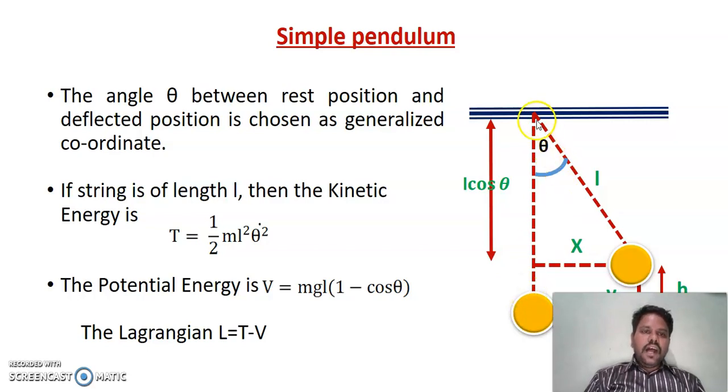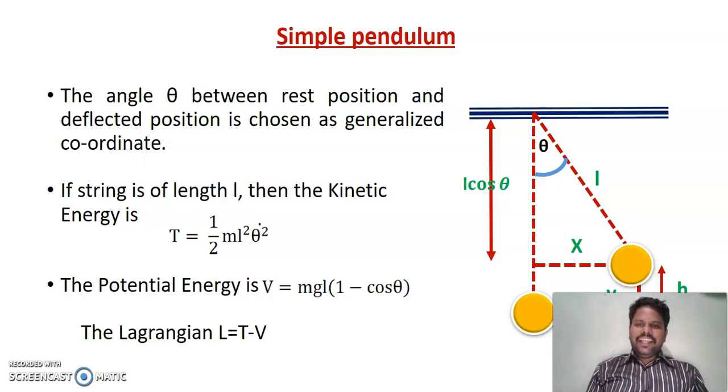However, r is fixed, whereas angle theta is changing from its mean position to the extreme position. So the angle theta between the rest position and deflected position is chosen as the generalized coordinate.